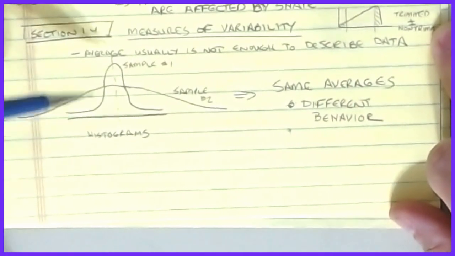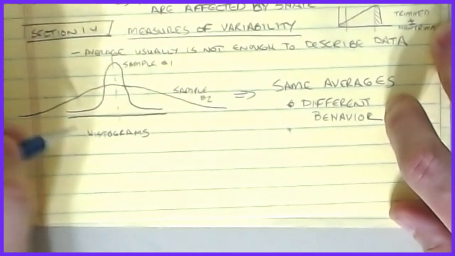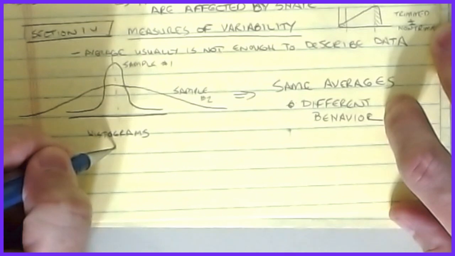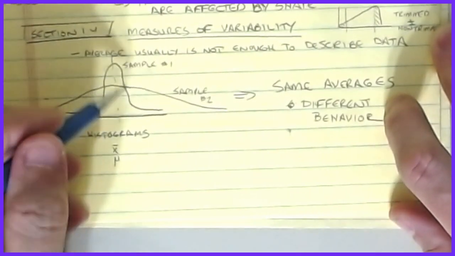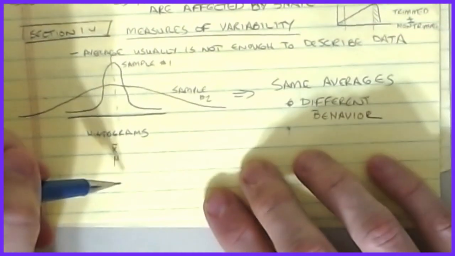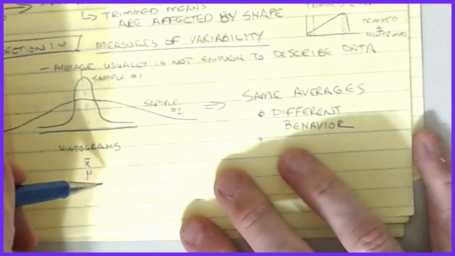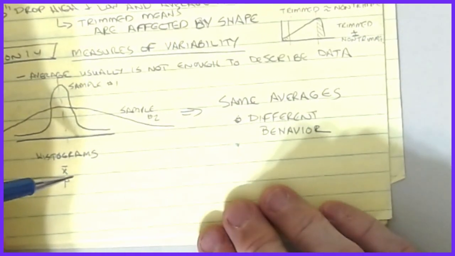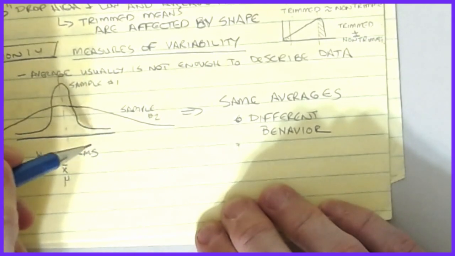So we've got our measures of variability as our next category, because while on histograms in our data set we were calculating x bar or mu as a single value, I can have multiple data sets that have the same mu or x bar value associated with them, but those data sets may have completely different shapes.